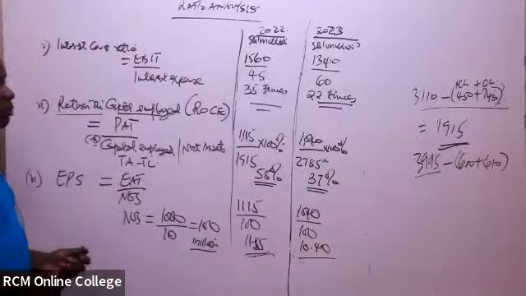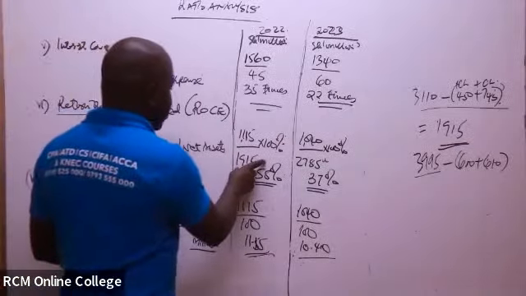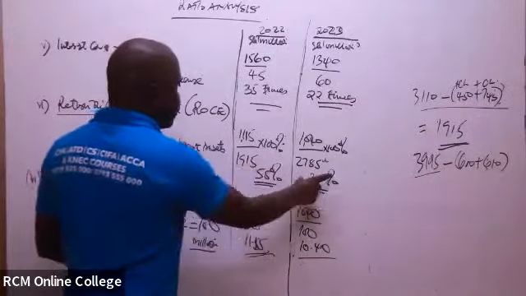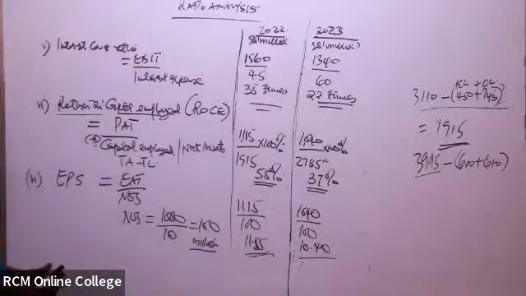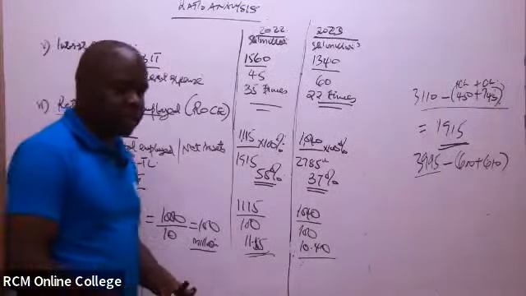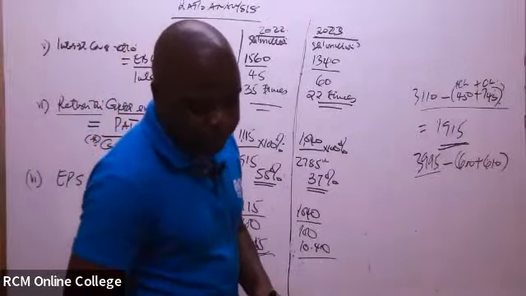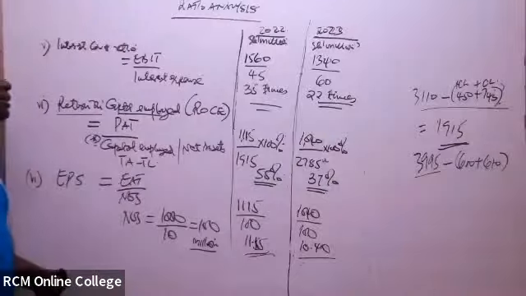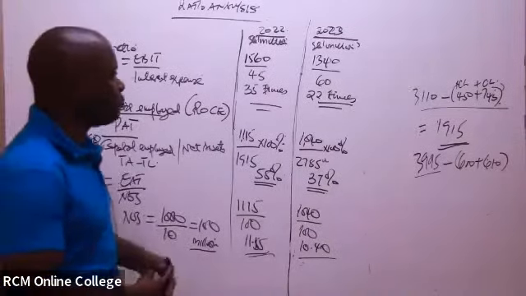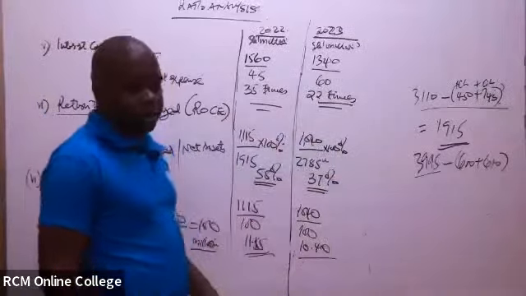The return on capital employed shows they adequately utilized their capital in 2022 compared to 2023, and therefore the return on the capital they employed was higher. Sometimes the examiner can call upon you to comment on the ratios. Remember, you are doing analysis of financial statements, comparing 2022 performance with 2023 by using ratios.